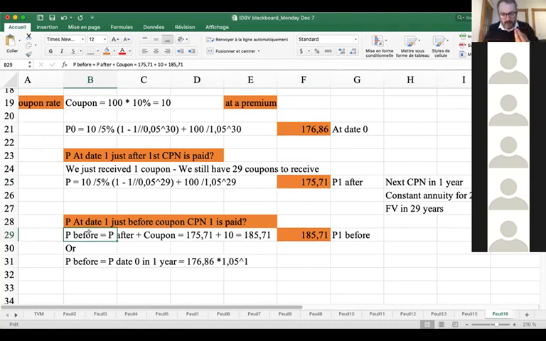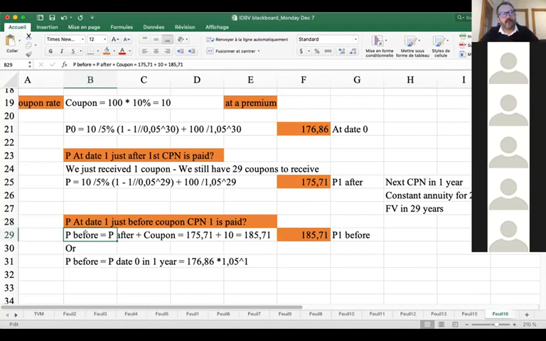It means that the bond is about the present value of the cash flow you expect to receive. So you're going to receive a coupon in a few seconds or a few minutes. It's already calculated at the present value, 10, plus all the things we calculated before, meaning the present value of the 29 coupons to receive plus the face value in 29 years.